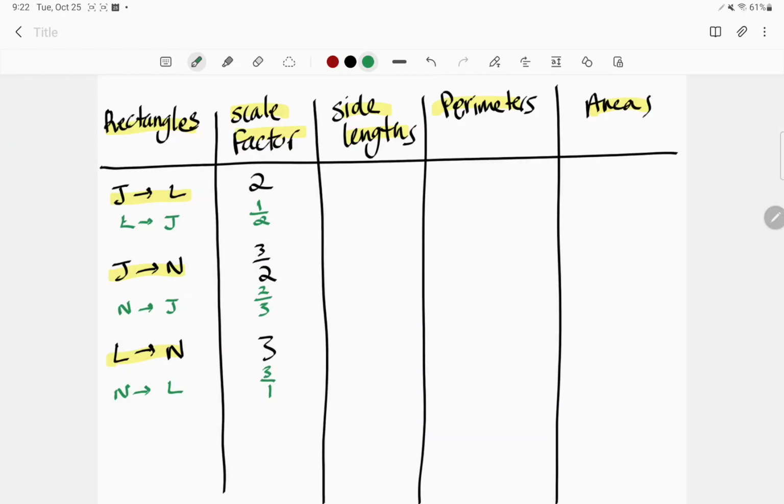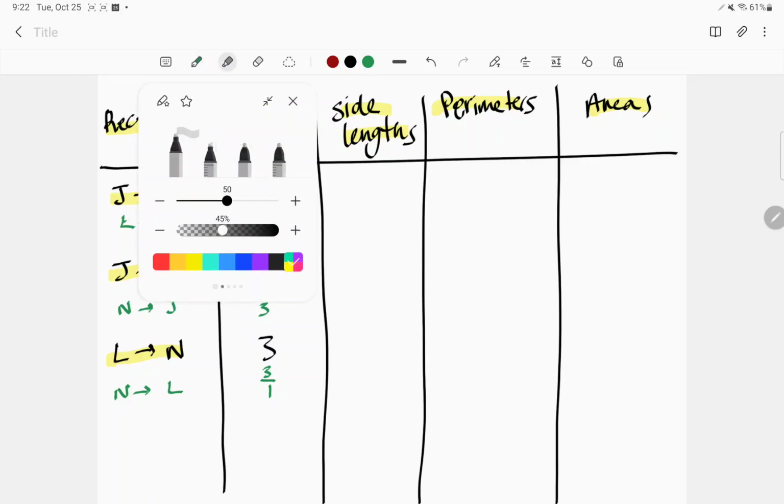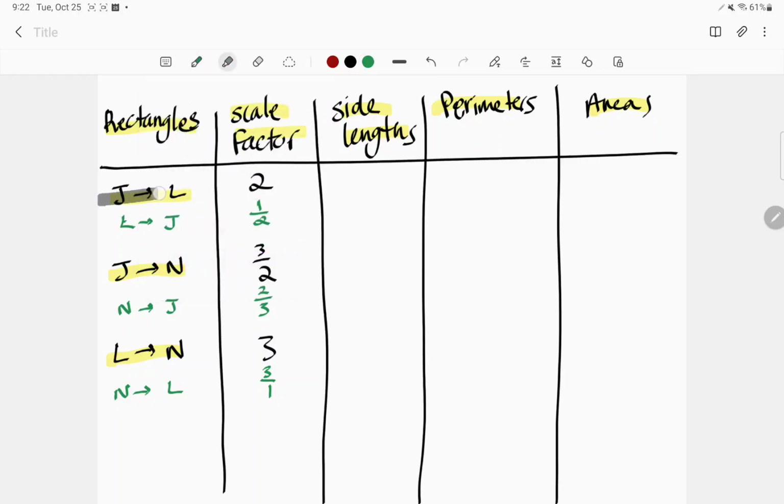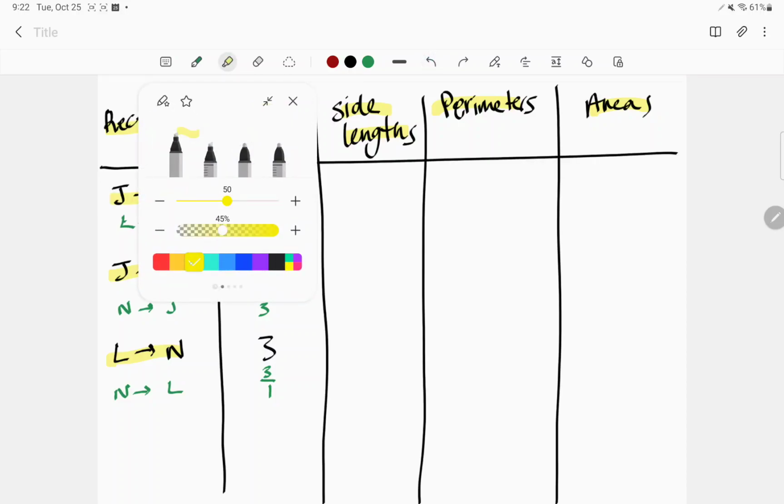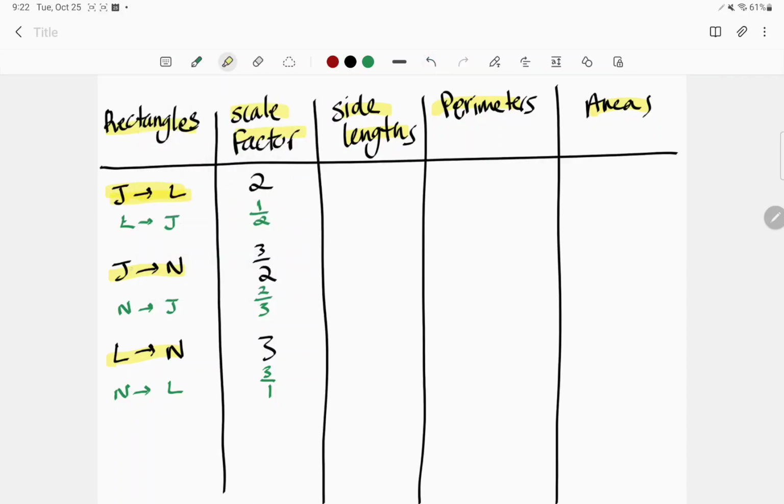Okay, now what I want you to do is, let's ignore those ones that I just did, and we're still focusing on these, right? So with the scale factors 2 for J to L, what's the scale factor for the side lengths?